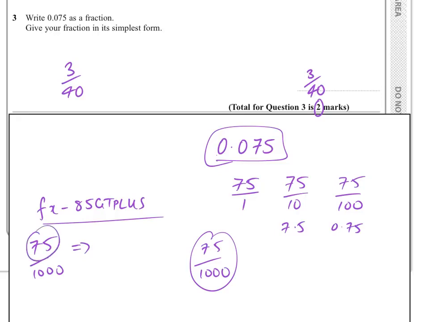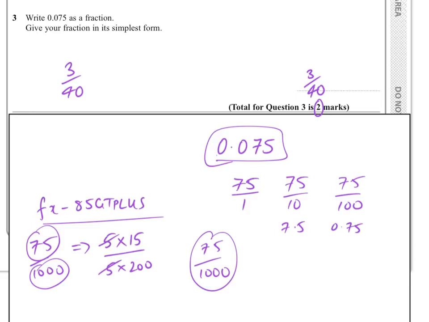So if I take the 75 thousandths, this is where you can use your calculator. You can say, well, how many 5s go into 75? Well, you can divide 75 by 5 on your calculator and you'll get 15. And then you can do the same to the bottom and you'll get 200. These would cancel because, don't forget, 5 divided by 5 is just 1. So that's just the same as 1, 5/5.